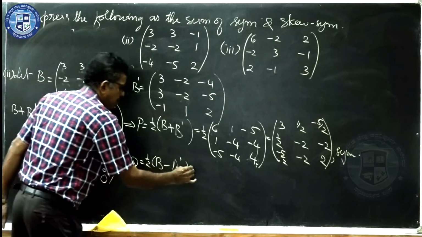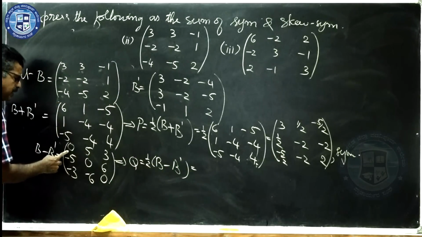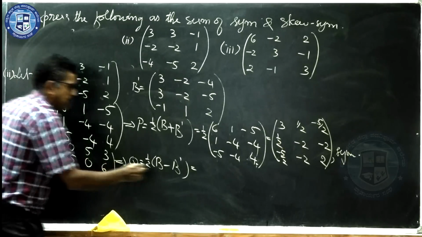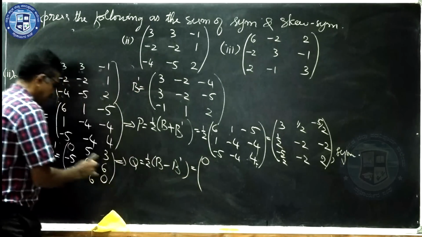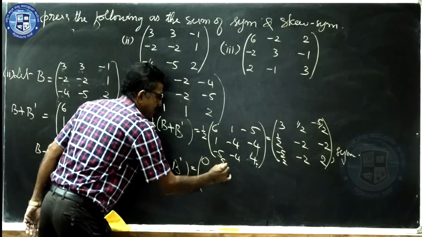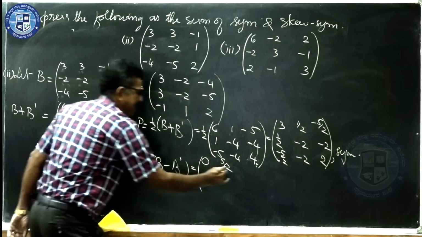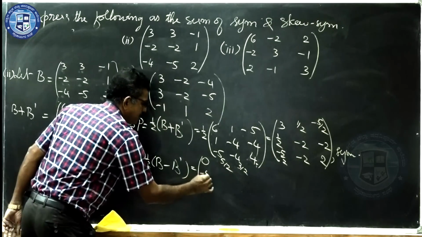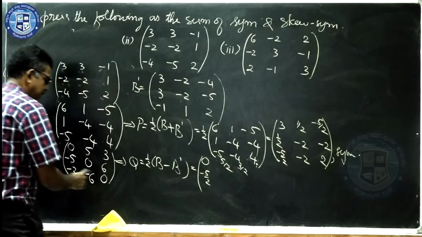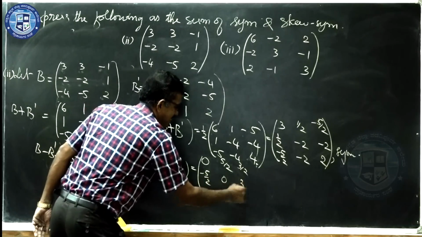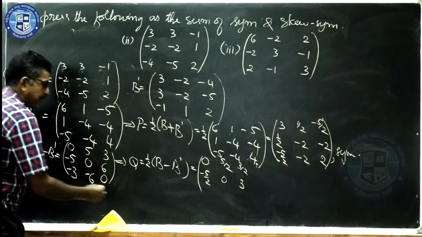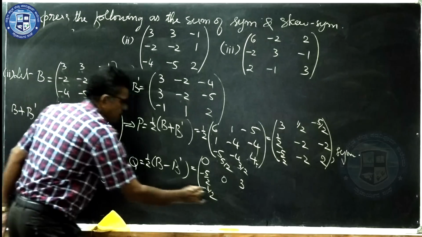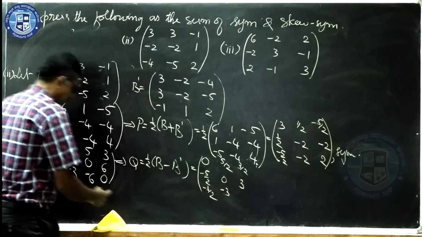So, I take half of this, means each and every element must be divided by 2. What do you get? First is 0, second is 5 by 2, here 3 by 2, we have minus 5 by 2, this is 0, and here 6 by 2, here minus 3 by 2, minus 6 by 2, it is minus 3 and 0.